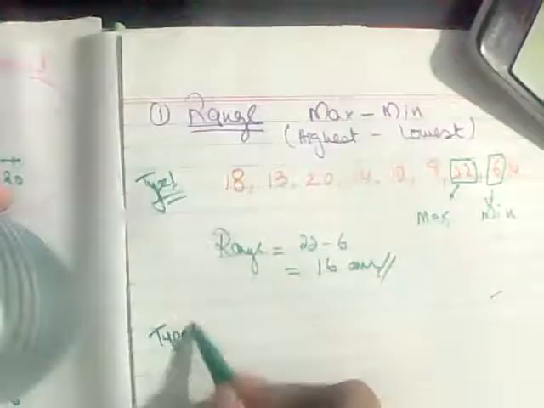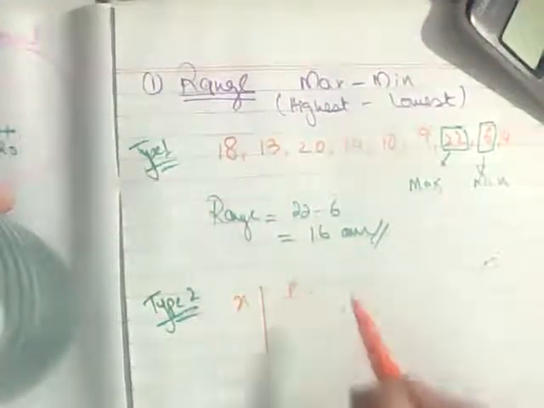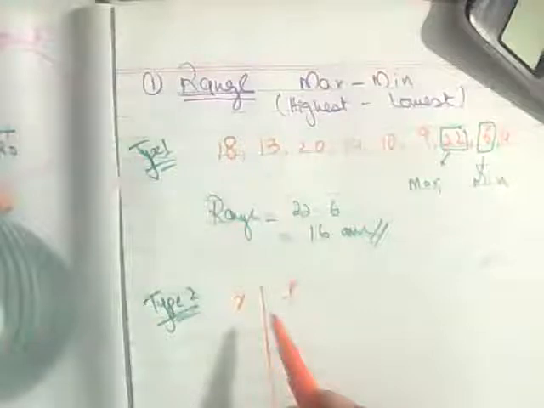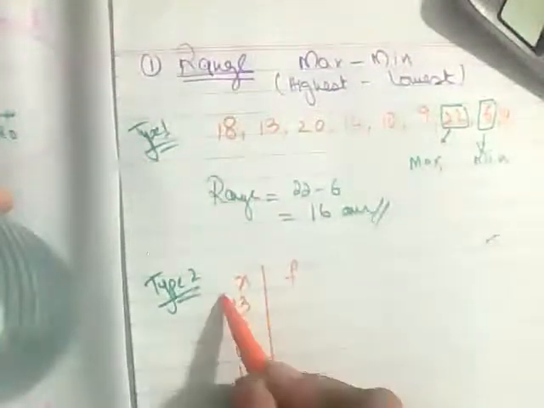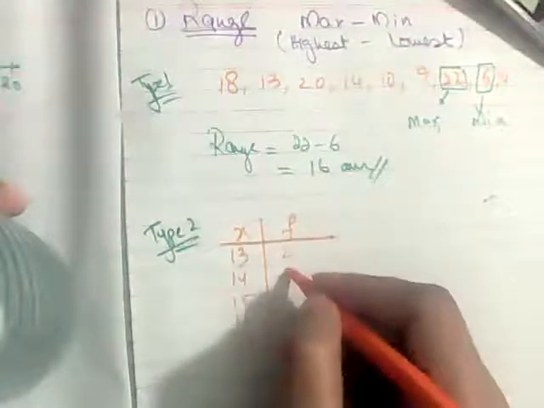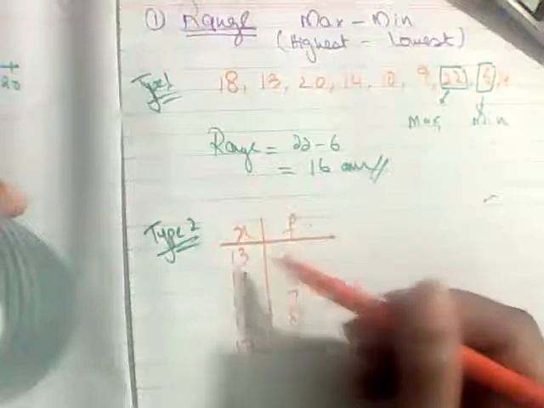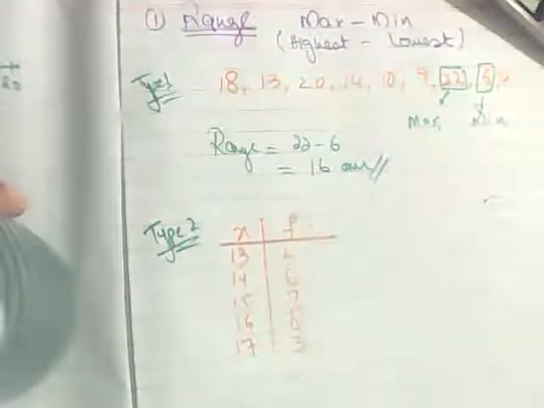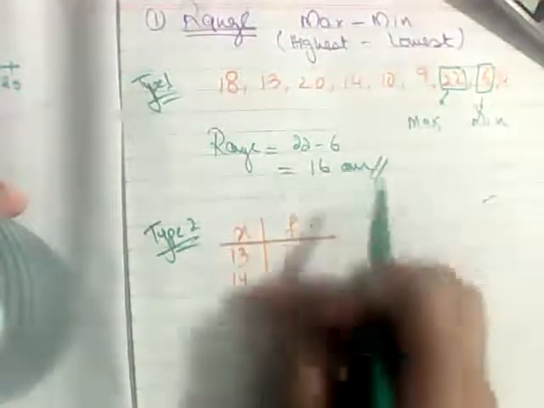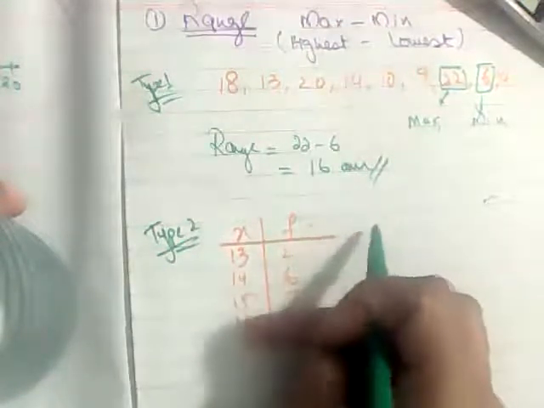Coming to type 2. Type 2 is about the frequency table. Whenever a frequency table is given, for example 13, 14, 15, 16, 17, and a few frequencies are given for that, let's say 2, 6, 7, 8, and then 3, whatever. This table is always given in ordered form, it's never like first 14, then 13, then 17, then 15, then 16.